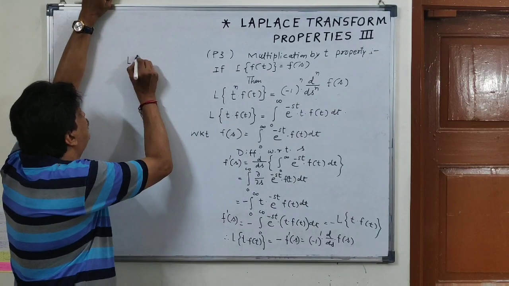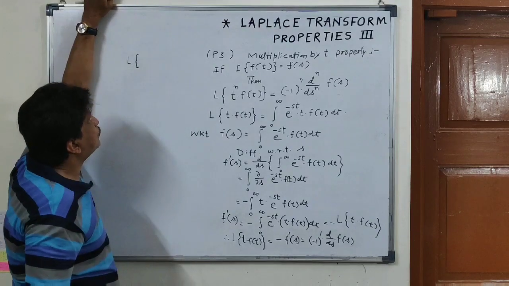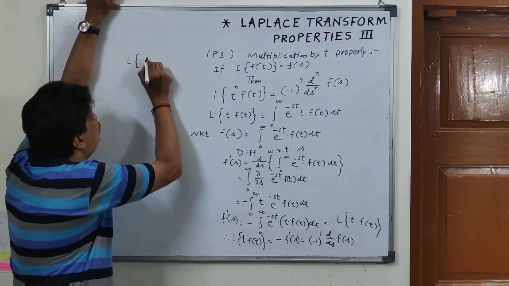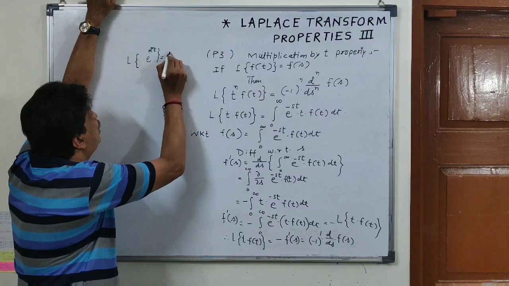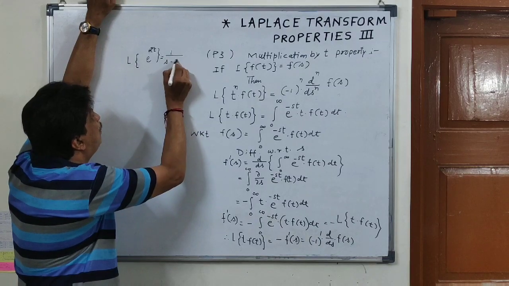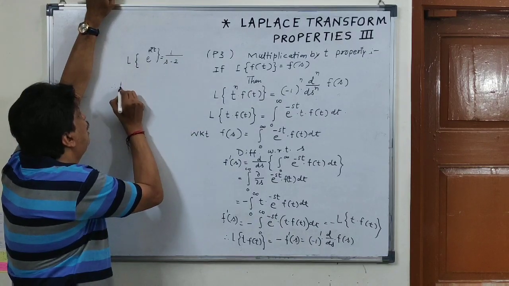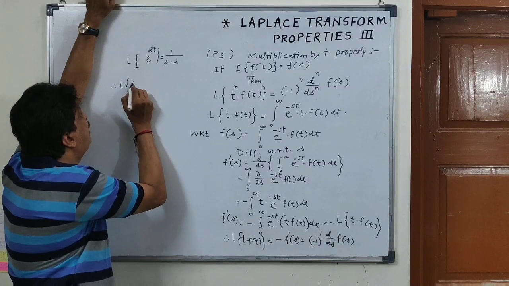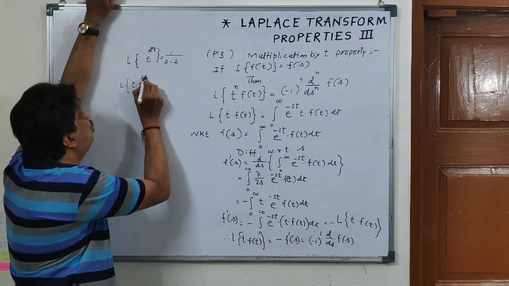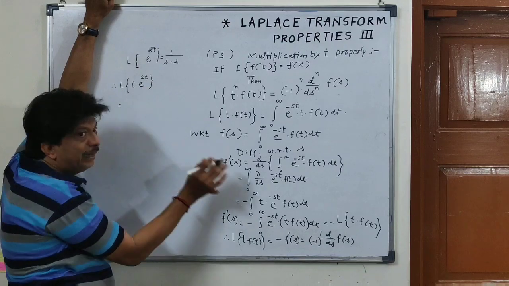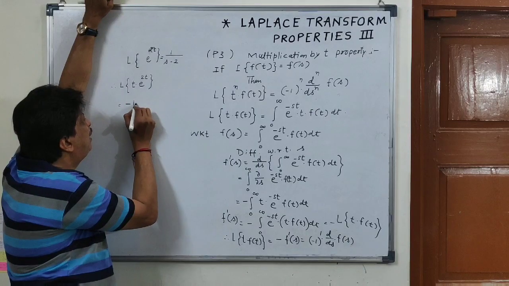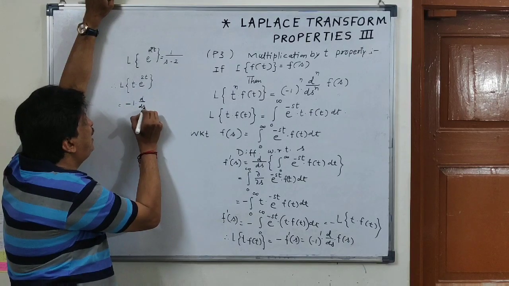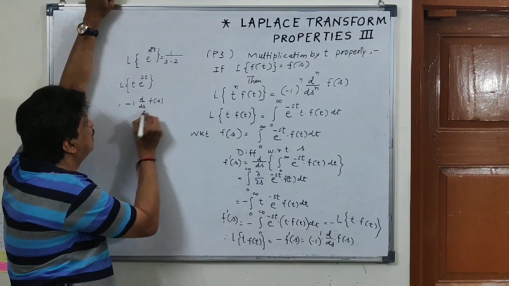Laplace transform of e raised to power 2t is 1 upon s minus 2. Therefore, Laplace transform of t into e raised to power 2t by this property is equal to minus 1 into d by ds of F of s.